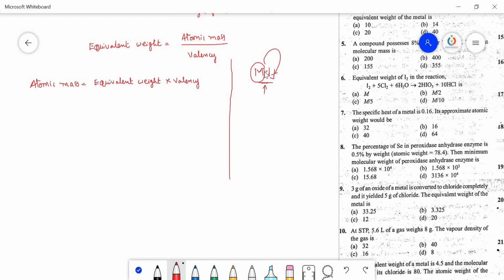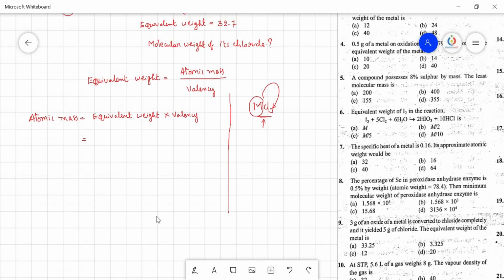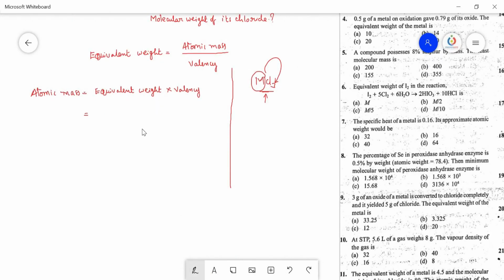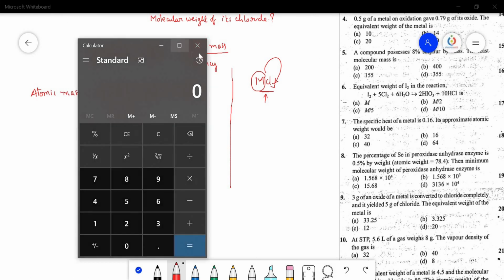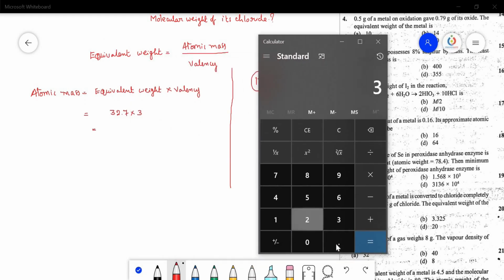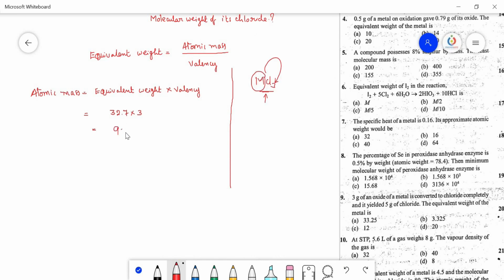And how to calculate the atomic mass of the metal? Its equivalent weight into valency. Equivalent weight was given as 32.7, into valency 3. Let us see what is the value here. 32.7 into 3 equals 98.1, which is the atomic mass of metal.